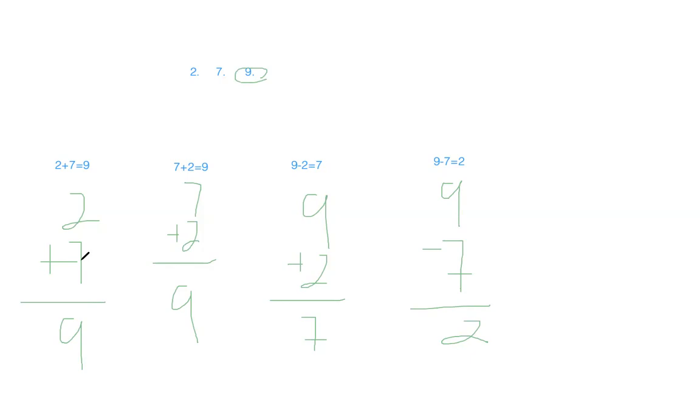The other two numbers switch places. There we go. This one is always on the top or the bottom. Do you see that? The greatest number of the fact family is always at the bottom or the top.